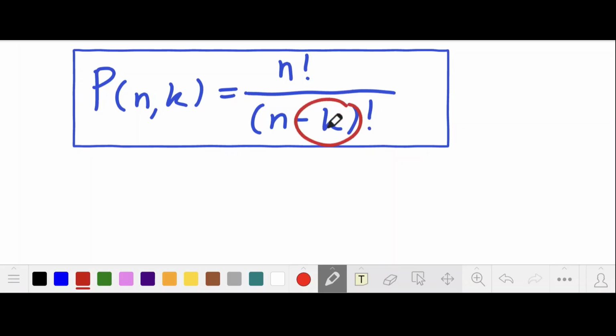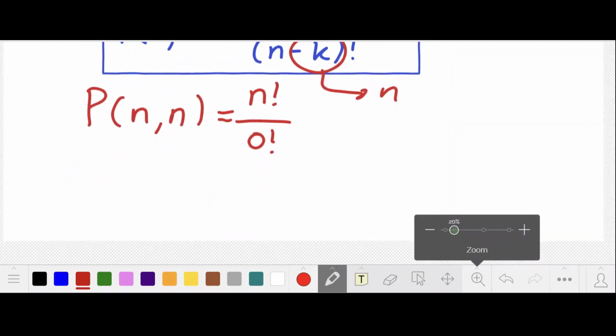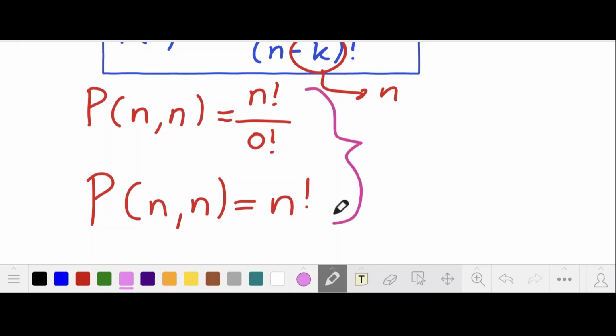If we substitute in this formula k to be equal to n, we see that the permutations of n objects taken n at a time is equal to n factorial divided by 0 factorial. Well, we have not yet defined 0 factorial, but we have already learned that the permutations of n objects taken n at a time is equal to n factorial. So these two have to be equal, and consistency forces 0 factorial to be equal to 1.